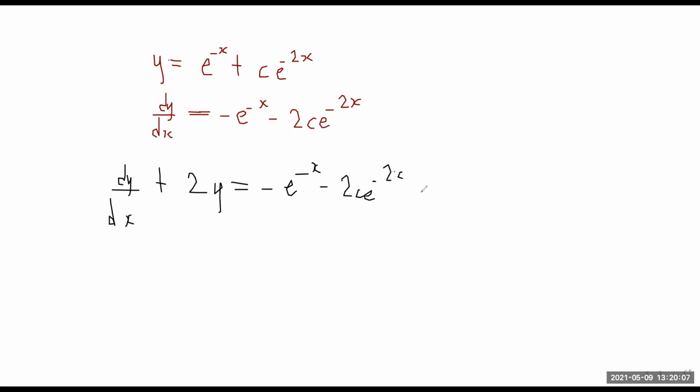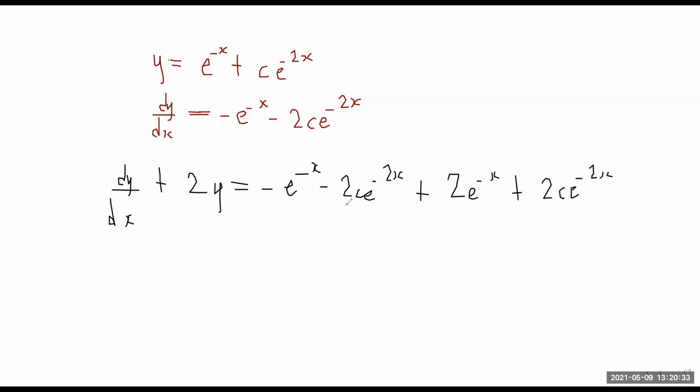And then I'm going to add it to 2y. So I'm adding it to 2 times this, which is 2 times e to the minus x plus 2 times c e to the minus 2x. So if I were to add them now, look at this.